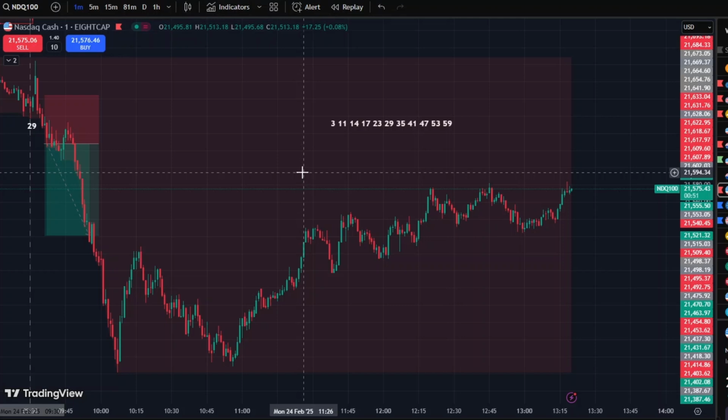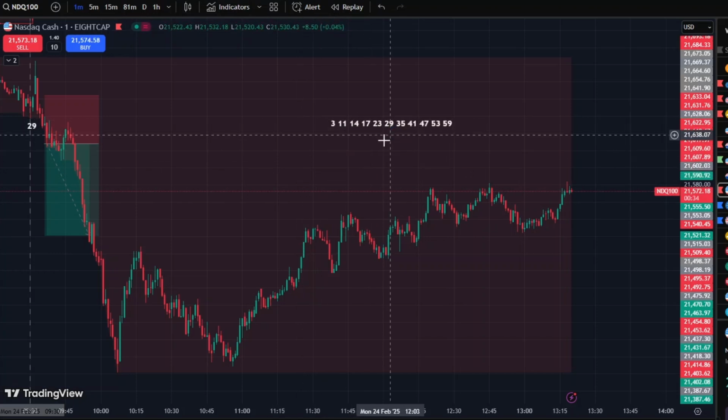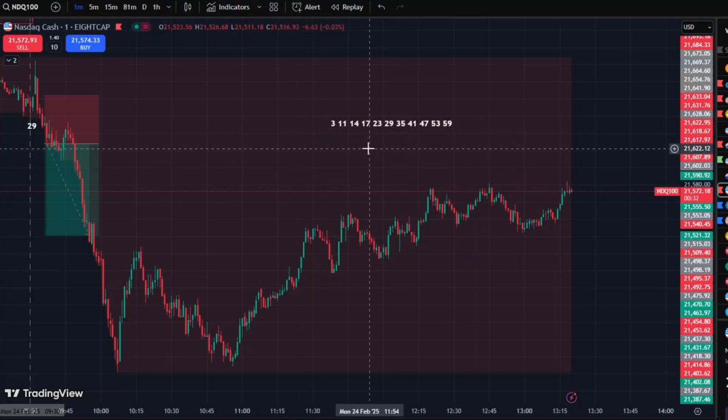And after that, I try to see how the lower low or higher low forms, in which minute it forms. So we are forgiven a little bit with 1 minute, plus or minus.